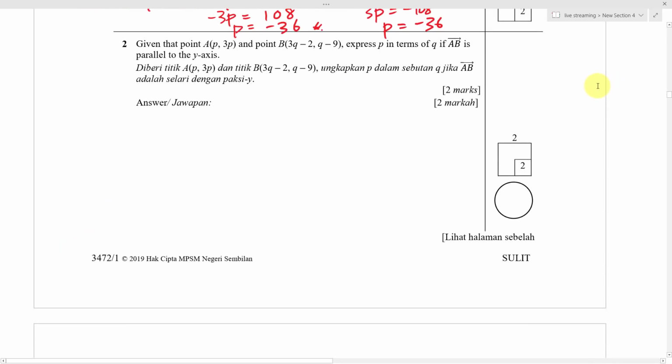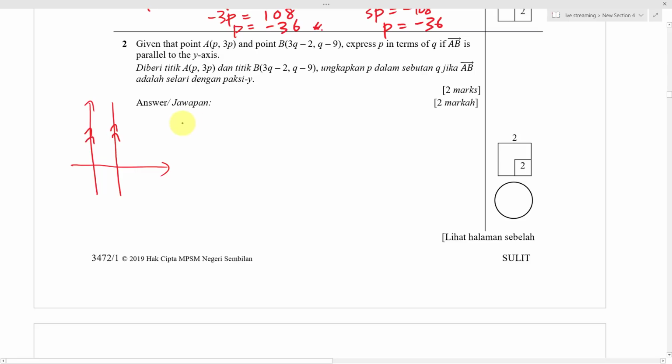Alright, then the next one. Given the points A, B, express P in terms of Q if AB is parallel to the y-axis. Like I always tell my students, if the line is parallel to the y-axis, that means the gradient is undefined or math error.